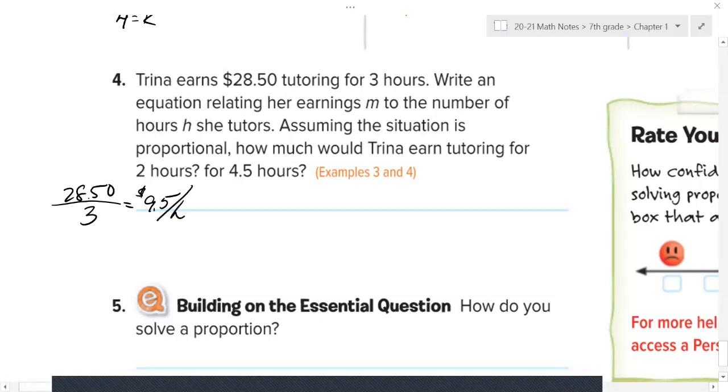So my equation would be she makes the money of 9.5 with that many hours. So to solve for this, I'm going to substitute in $9.5 for 2 hours is going to be $19 for 2 hours.